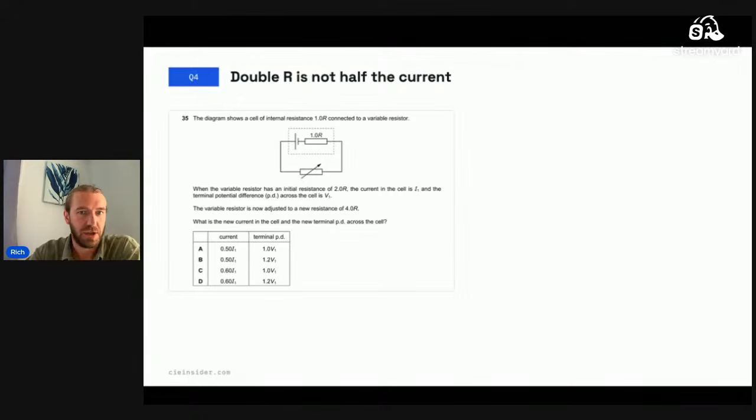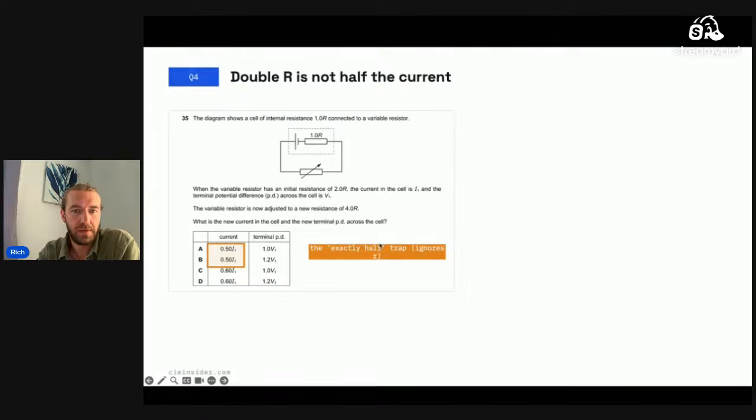And it's also definitely true, because the resistance of 3R going up to a resistance of 5R, 3/5 is 0.6. So it is going to be C or D. Which one?